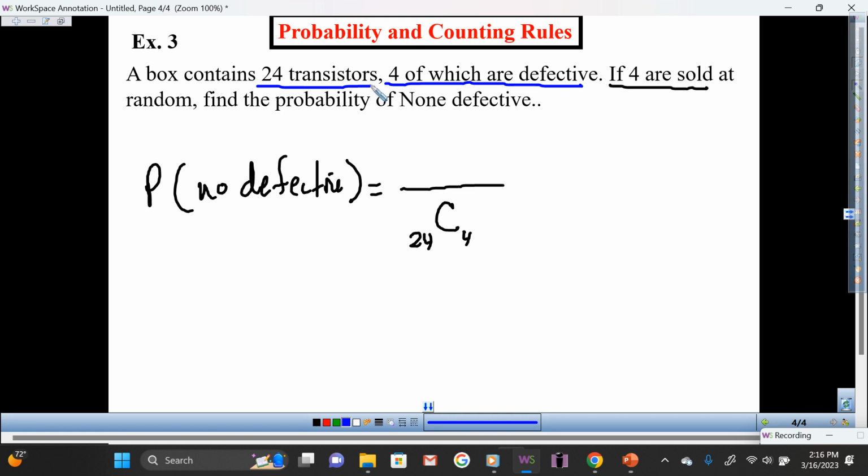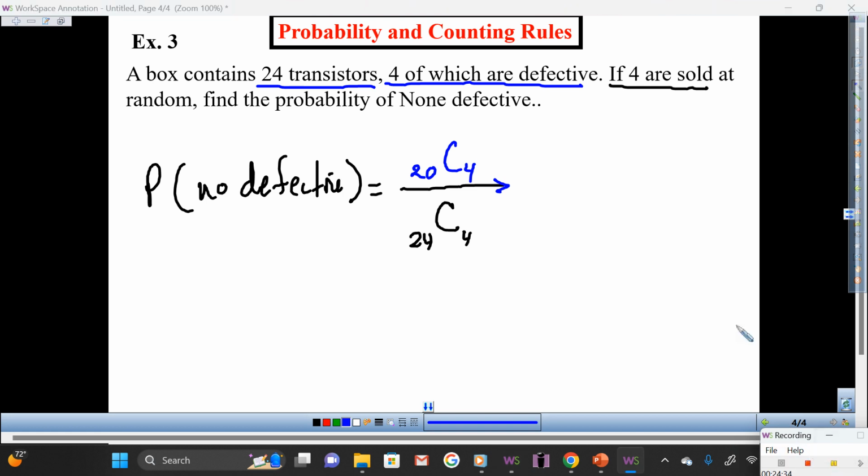Let's see, what did you get on the numerator, Samuel? That is correct. All right, find me that, please. Let's go, let's go. Finish it up. All right, so the probability of no defectives, give me the last number on the numerator, last on the denominator.